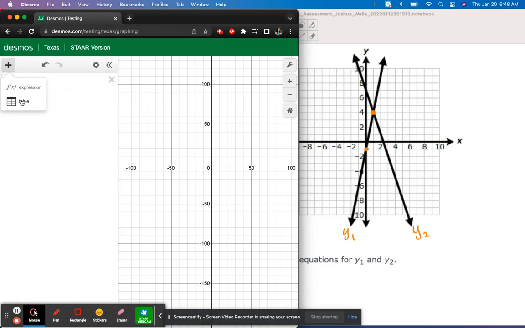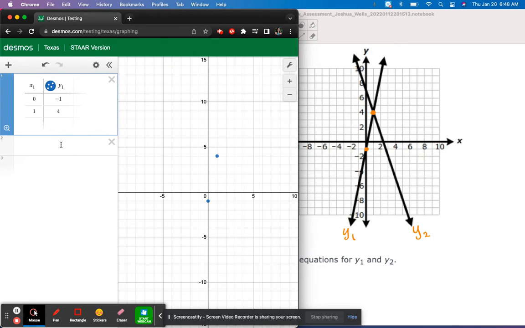We add a table, and I have 0, -1, 1, 4. And the next thing we need to do is type in our lovely equation y1 squiggle mx1 plus b.